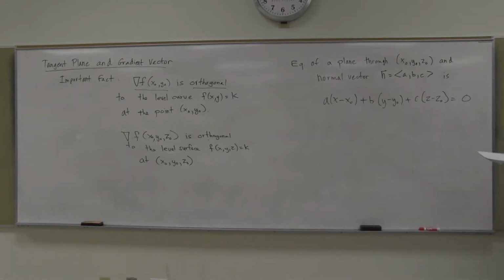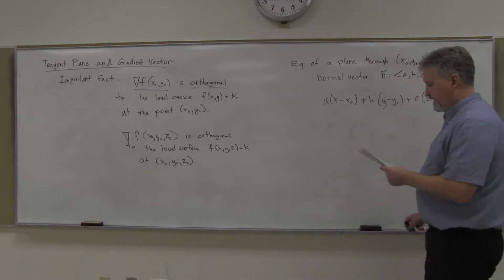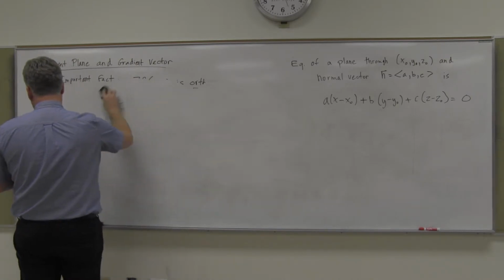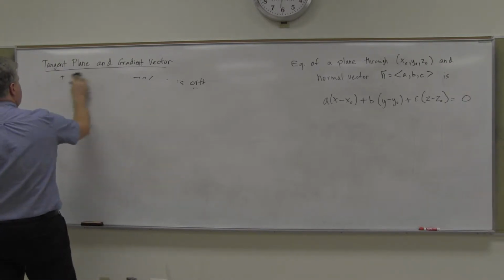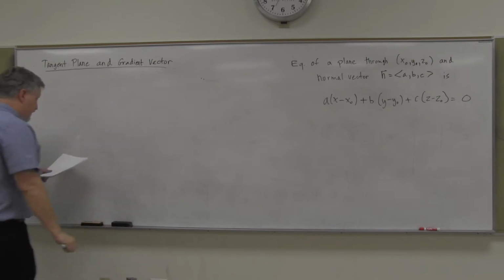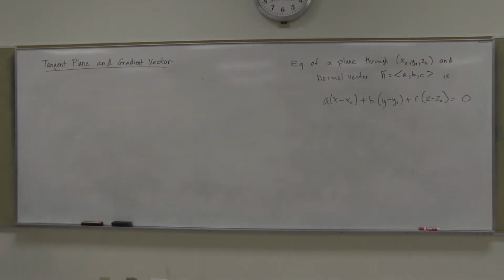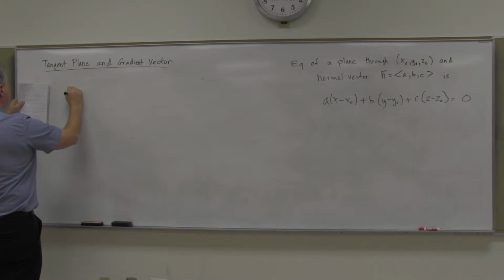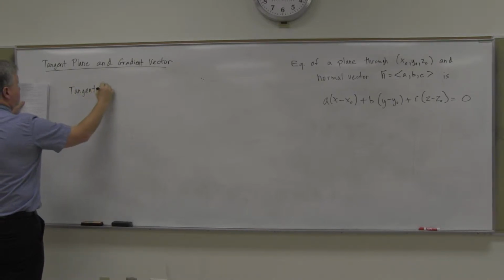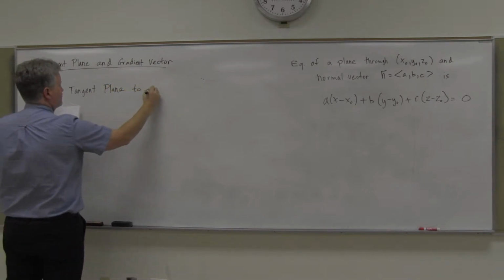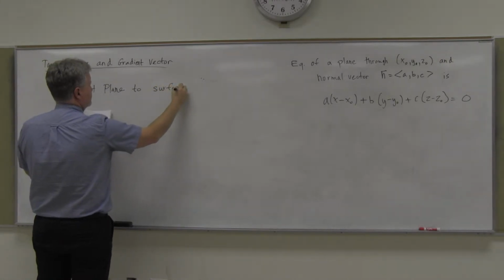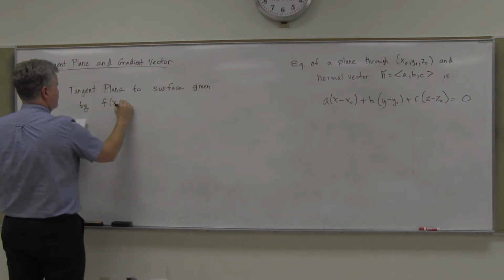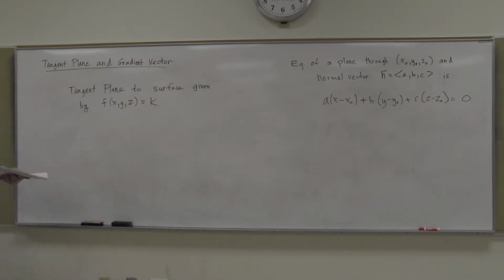Well, say we have a function. So we're talking about a tangent plane to our surface, given by f of x, y, z equals k, equals a number.